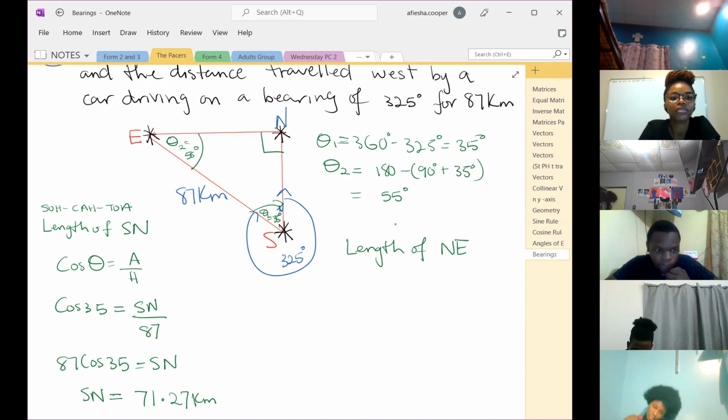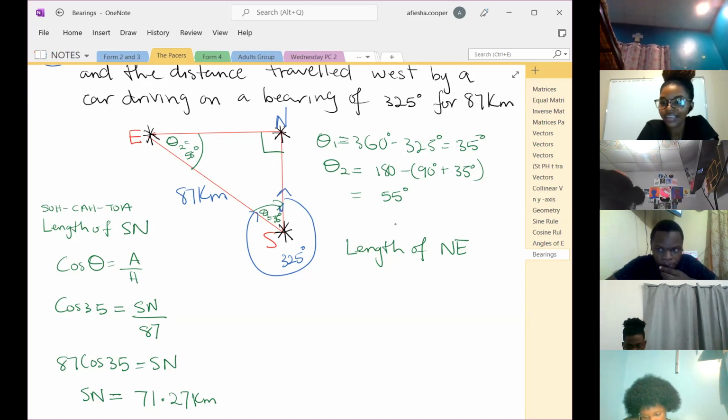Tangent is what we do. Which line are you trying to find? NE. So what two lines would you use? 87 and SN.